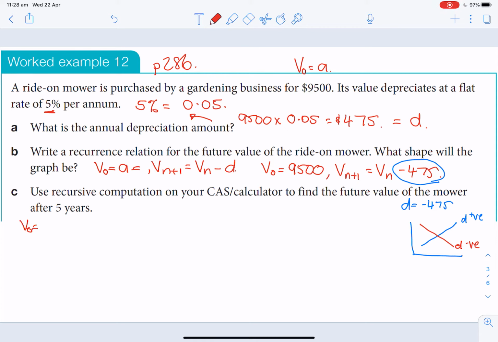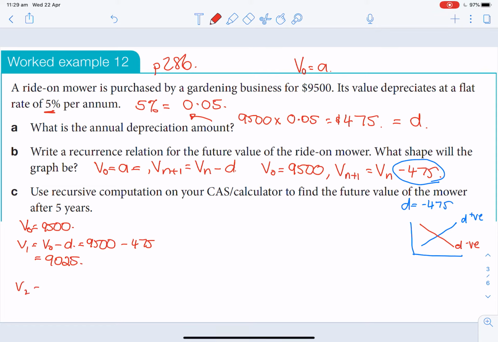So V of 0 equals 9,500. We knew that. V of 1 equals V of 0 minus D, which is 9,500 minus 475 gives me 9,025.